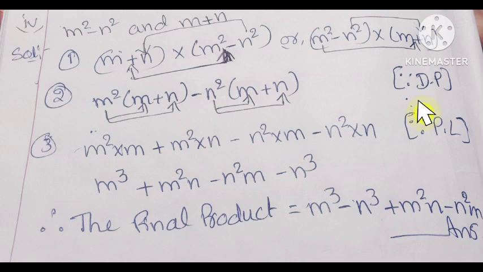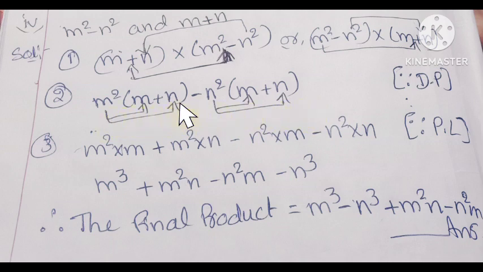In this problem, multiply the first term of the first binomial by the second binomial. Next, multiply the second term of the first binomial by the second binomial and add the products. The first term of the first binomial, what's the first term? M square.